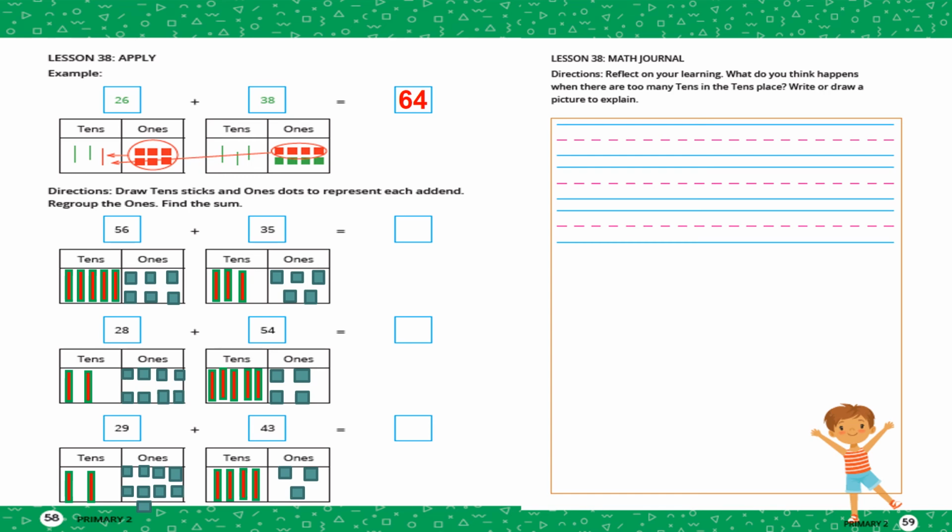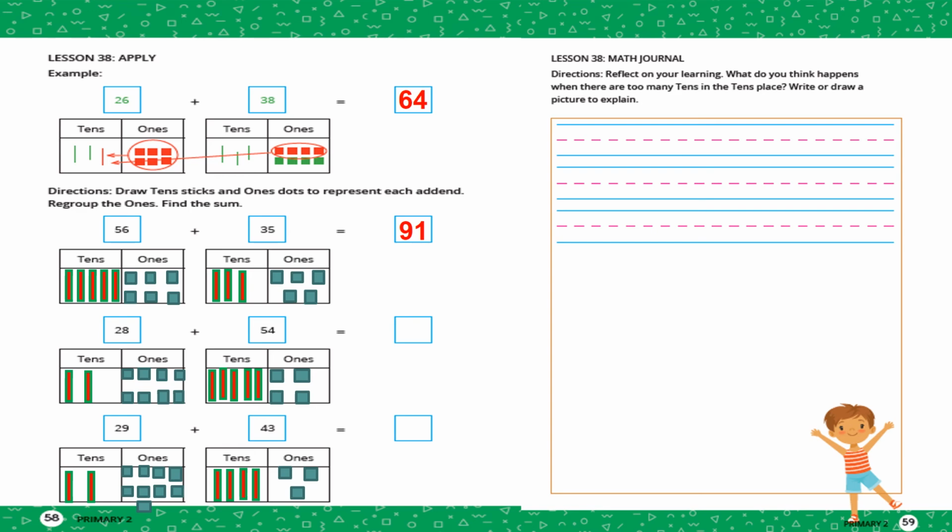After 6, 7, 8, 9, 10, 11. We will write 1 and carry up 1 in tens. 1 plus 5 equals 6. 6 plus 3 equals 9. 91. Next one. 28 plus 54. 28. How many sticks do we have? 2 sticks. How many small squares? 8 small squares.